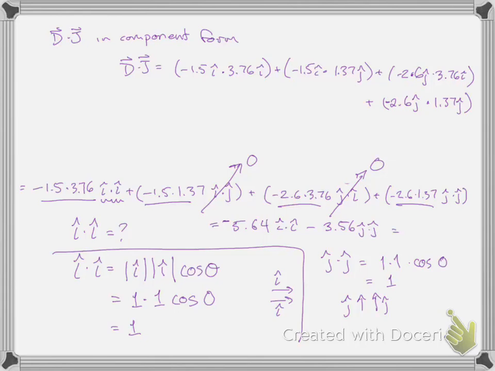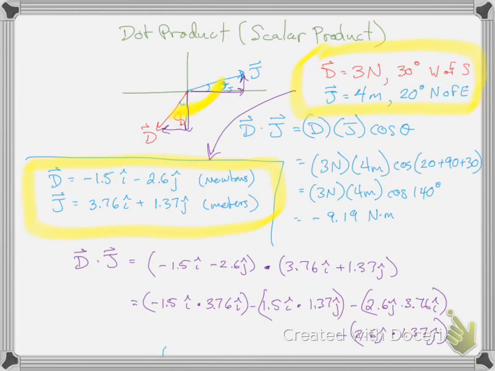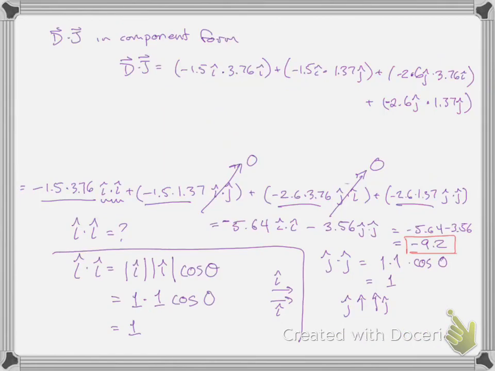So this is just equal to minus 5.64 minus 3.56, which is equal to minus 9.2, right? Oh, wait, is that what we got before for d dot j? Remember, when we did it before, we got minus 9.19. So there's a rounding error here, 9.19 and 9.2, but we got the same result, in component form or in magnitude direction form.